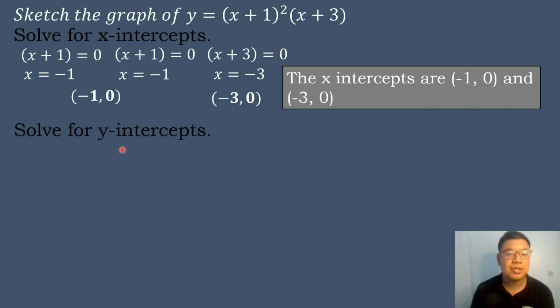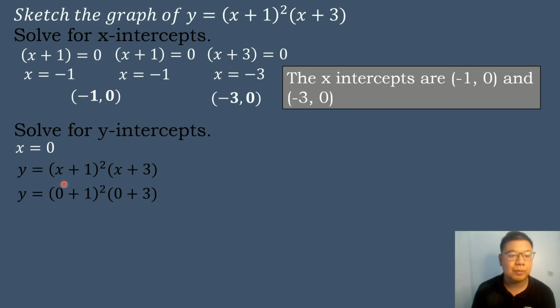After that, we will solve for the value of the y-intercept. In solving for the y-intercept, we will just let x equal to 0. y will be equal to the quantity (x plus 1) to the second power times (x plus 3). So substitute the value of x, which is 0. So we have the quantity (0 plus 1) to the second power times (0 plus 3).